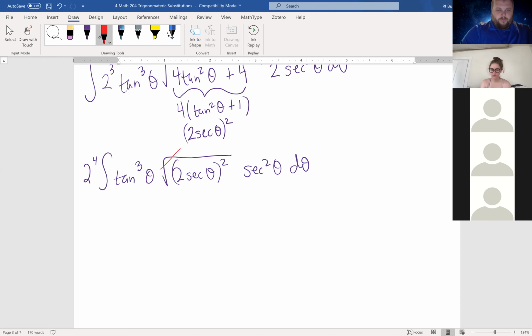So the square root and the square cancel. This 2 secant theta is going to come out. Another 2 is going to come out in front. If that secant comes out, it's going to get multiplied by secant squared, and we're going to have secant cubed.